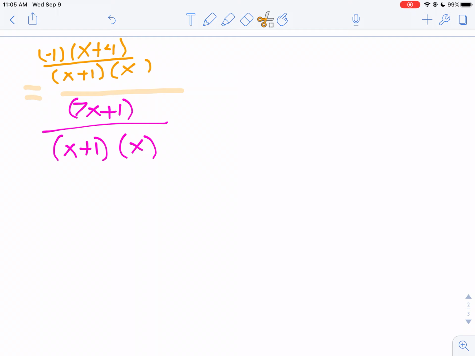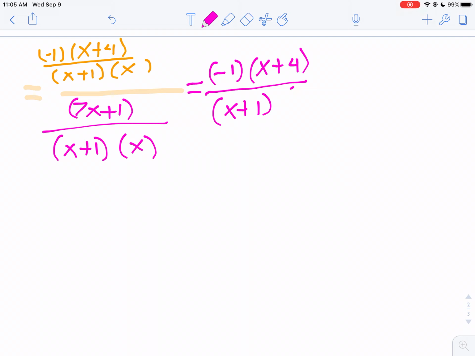Notice that in a long division, the bar is actually a division problem. So what you can do at this point is say, now what I really have is two fractions being divided. So you can rewrite this as negative 1 times x plus 4 over x plus 1 over x.